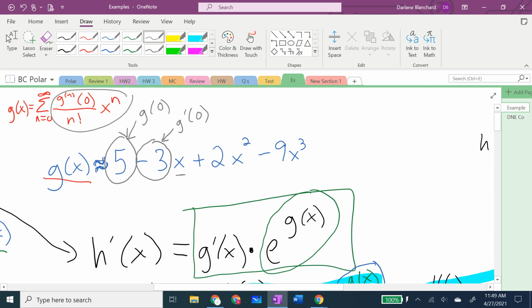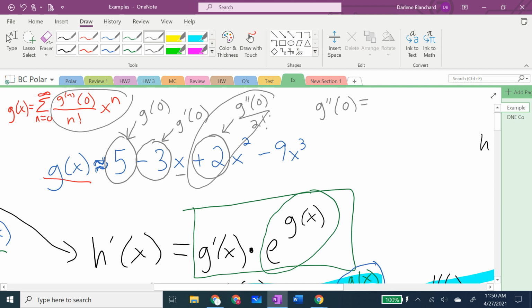But then, and notice I'm circling the plus or minus sign with it, this is the second derivative of g at the center divided by 2 factorial. So I need to take this as an equation and solve.